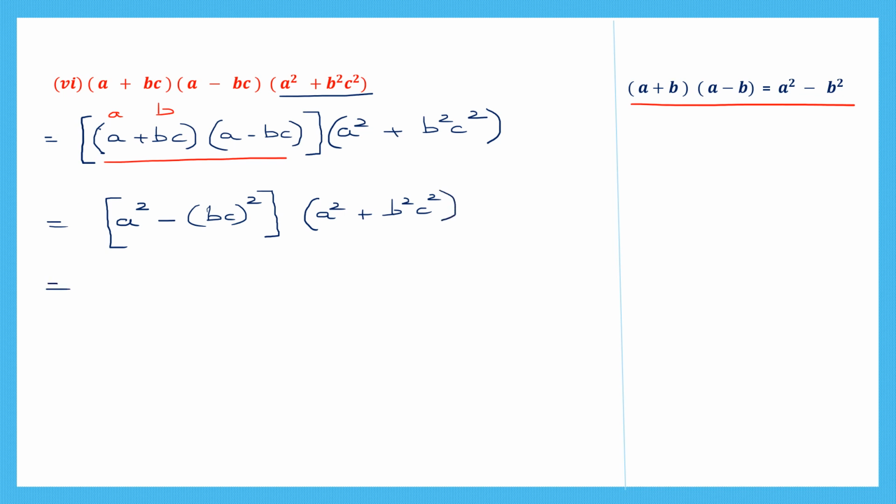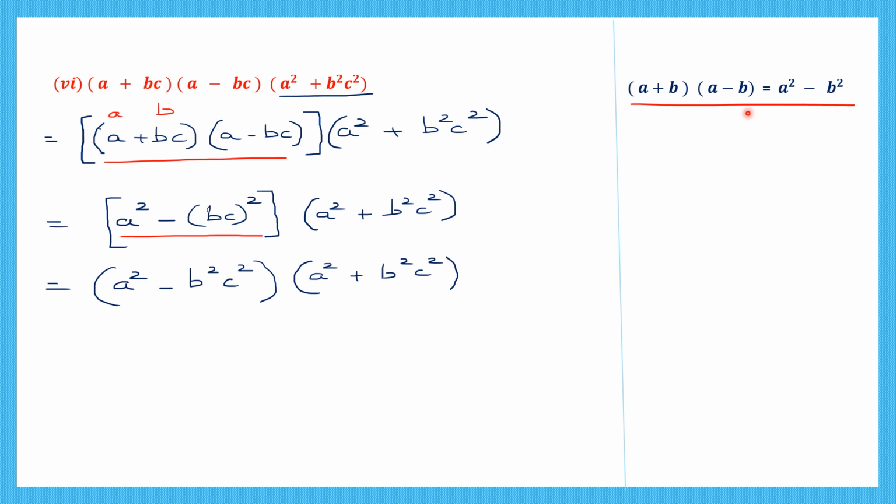Now let's work on this here. So what is given inside these brackets? A square will be the same, minus (bc) square means b square and c square. So b square c square. This into the third binomial, a square plus b square c square. So now can you see the first term is the same, the second term is the same, and the signs, one is plus, one is minus.